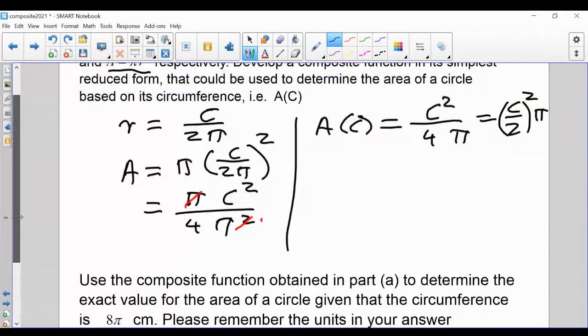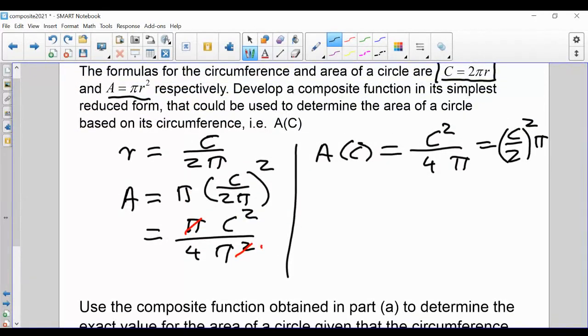Am I missing a pi somewhere? You know what? I think I did. That pi should be at the bottom. Sorry, this is over pi. I'm sorry. C squared over 4 pi. This is not quite right. Let me fix this. I know something was wrong. So it's C over 2, times 1 over pi. I know I'm rushing. It always happens when I'm rushing. All right. It is 1 over pi. Yeah, you're right, Roma. It is 1 over pi.